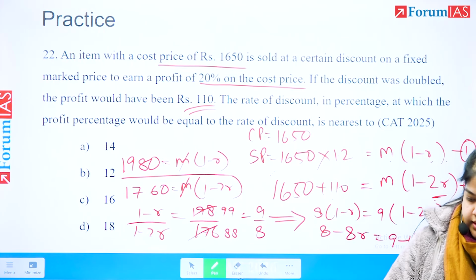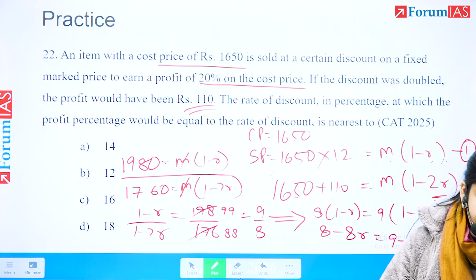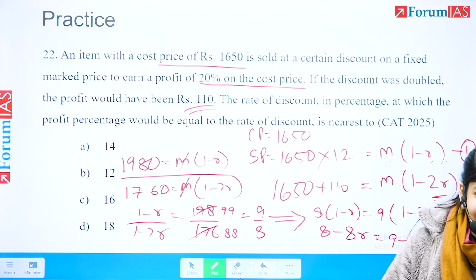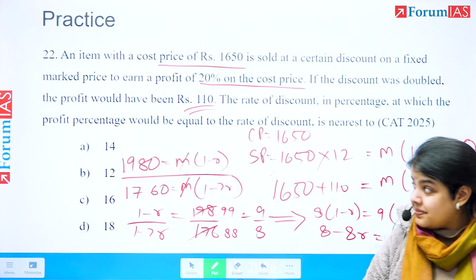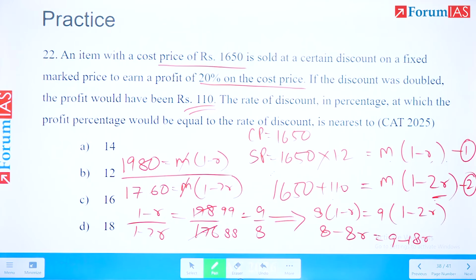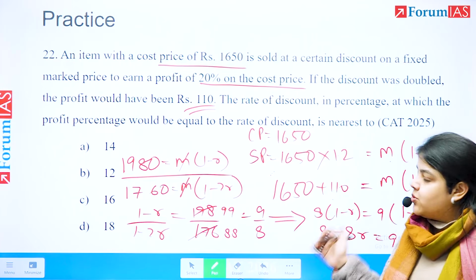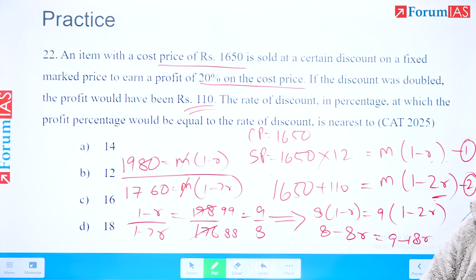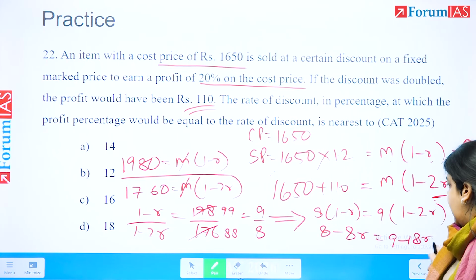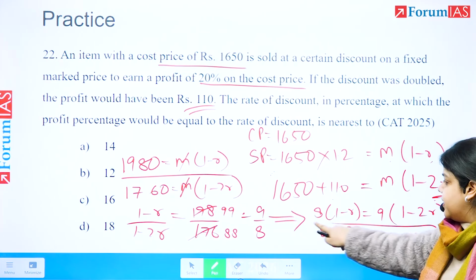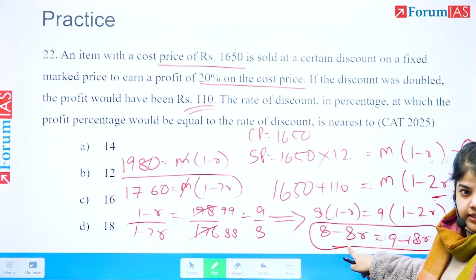R is 10%. हाँ sorry, R आएगा 10%. Now the rate of discount in percentage at which the profit percentage would equal to rate of discount. So based on this R यहाँ से आएगा R equal to 10. ठीक है? R is equal to 10 आएगा. We will put that in this equation to find the mark price.